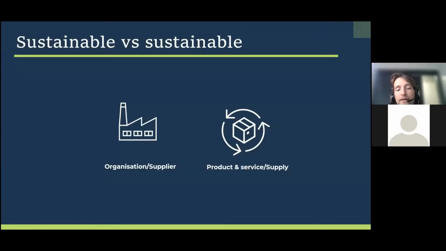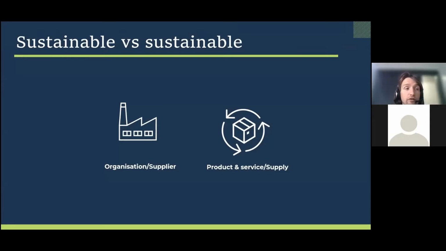And finally, I just wanted to at this stage also pick up on a point around what do we mean by sustainable, and what we're seeing is two key aspects of your organization that can be sustainable. It can be you as an organization.